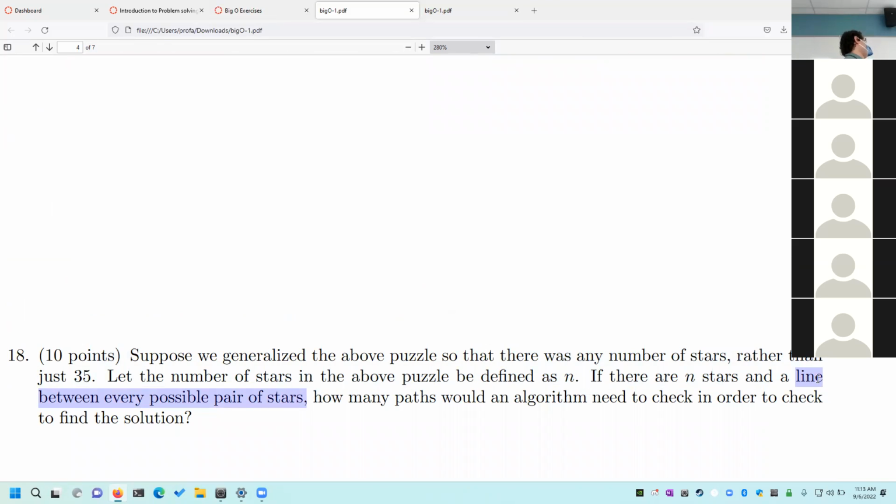Instead, I want it to be: if there are n stars and a random number of connections between stars. So lines between stars are randomly distributed, but you are guaranteed a path to the end. Okay. You're guaranteed that it's still a graph, in other words, and not two graphs.